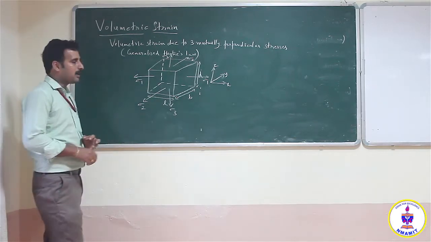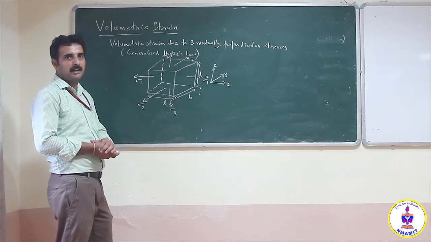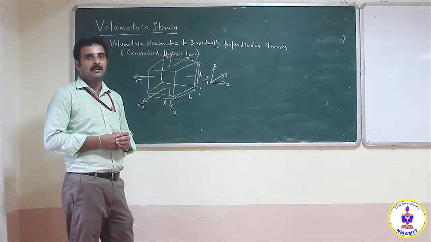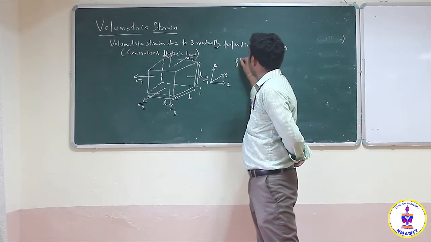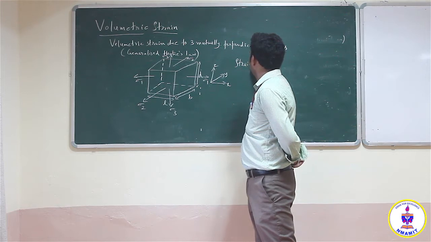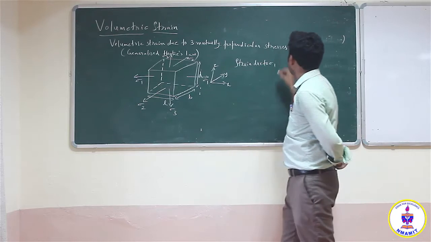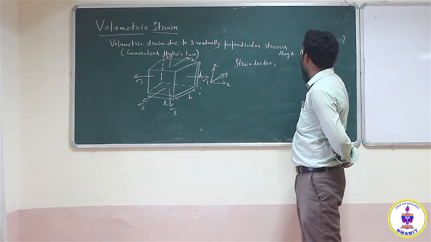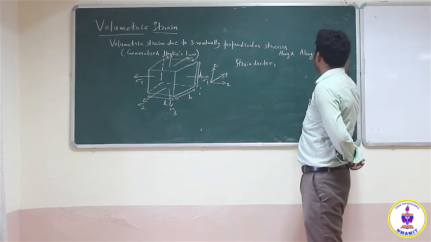So what we can do is we can form a table where we can understand what is the strain due to sigma 1, sigma 2 and sigma 3. So you can write strain due to sigma 1 along x, along y, along z.